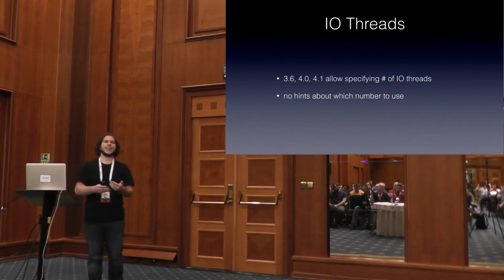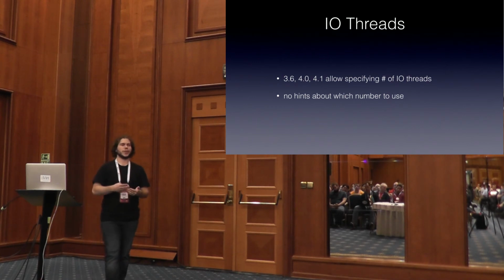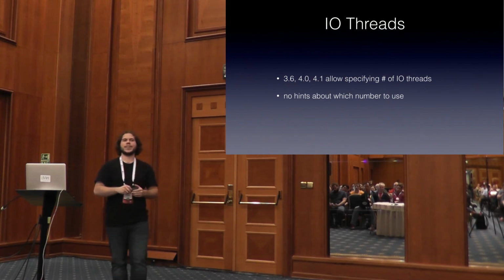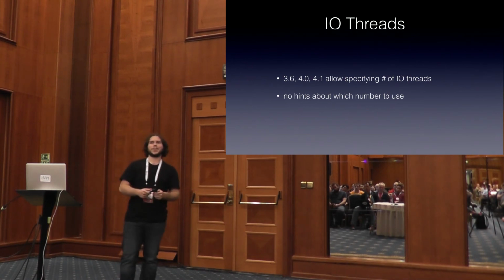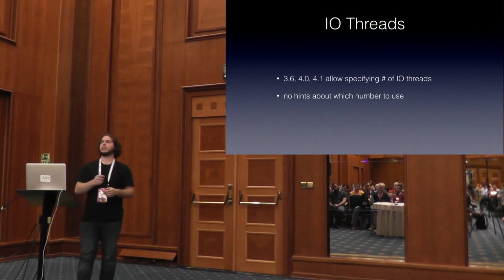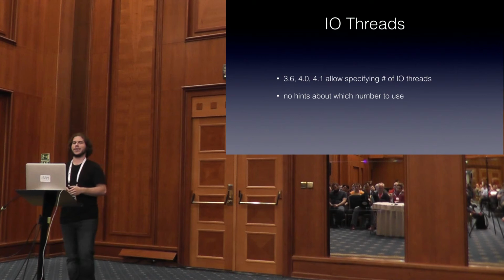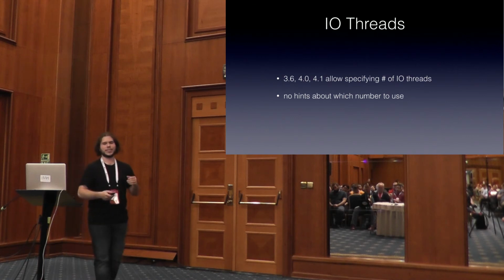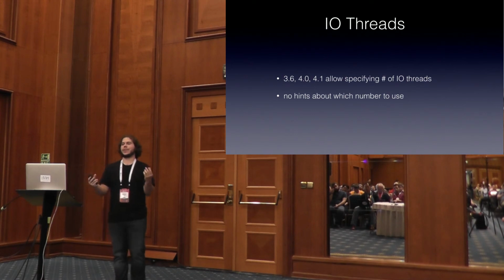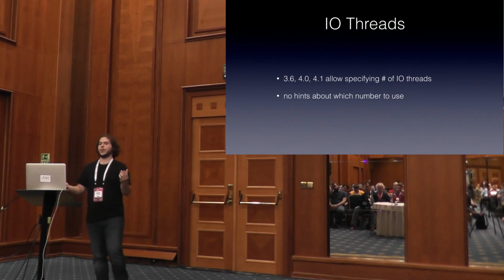Then there is oVirt that, guess what, allows you to specify whatever number. So we thought that it would be a great idea to ask the user to specify a number between 1 and 16, right? I think it was limited to 16, but I'm not sure about that. Anyway, there was just this checkbox where you were supposed to enter an arbitrary number, and that was it. No help, no nothing.